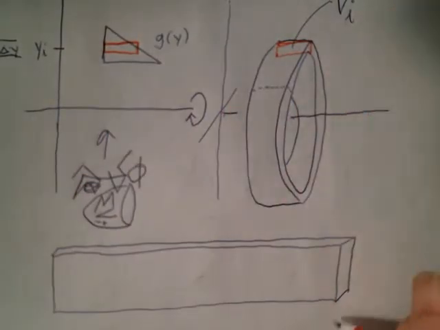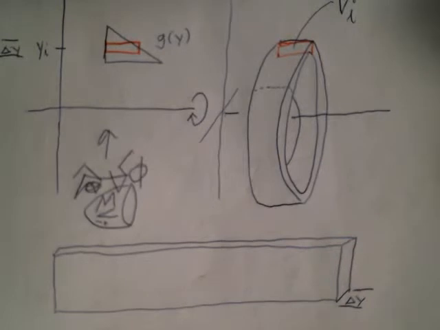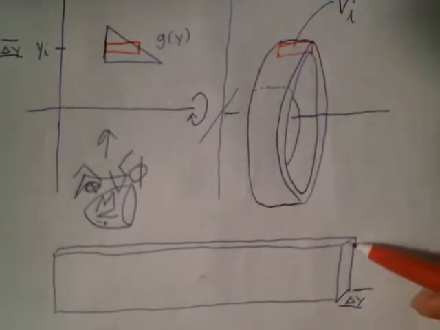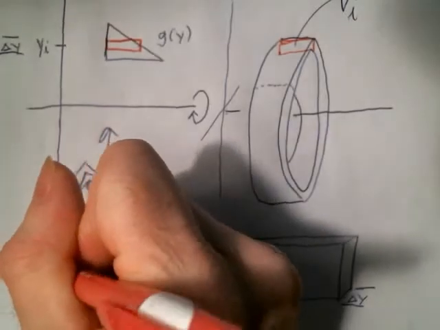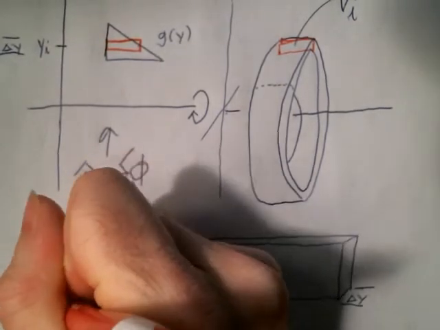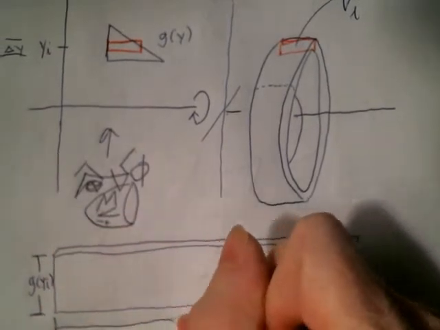This dimension right here is a change in y. The length of the rectangle, which is now the height of this thing, is g of y. And then I have to figure out this length here.